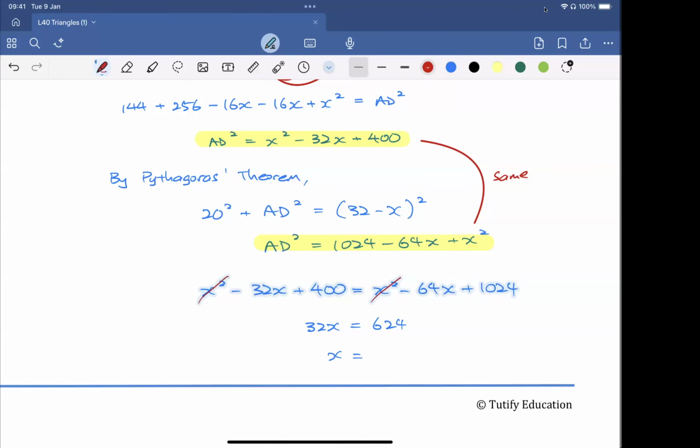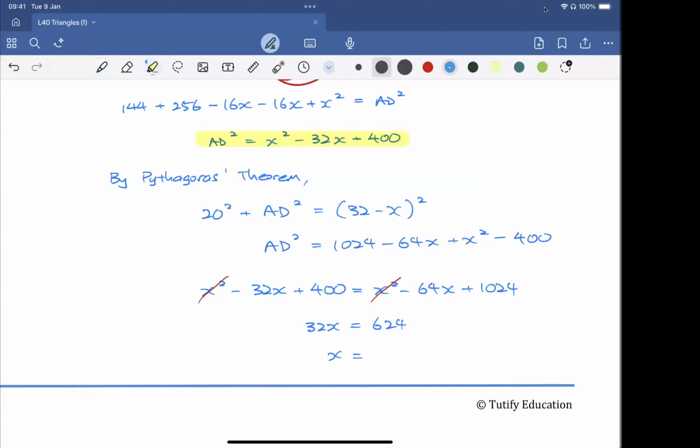Okay, students, I think we missed this out. Okay, so we are supposed to find AD square, right? So I need to bring this over to the other side, and it will become negative 400. So let's just write it down. Negative 400.